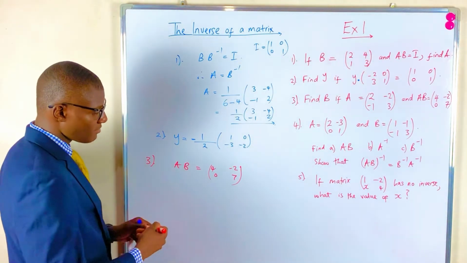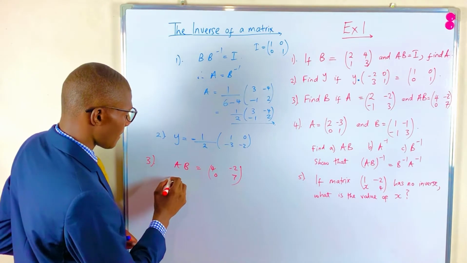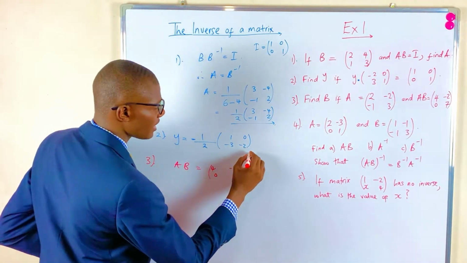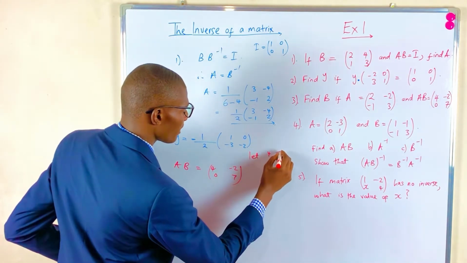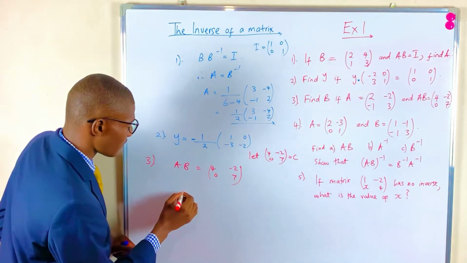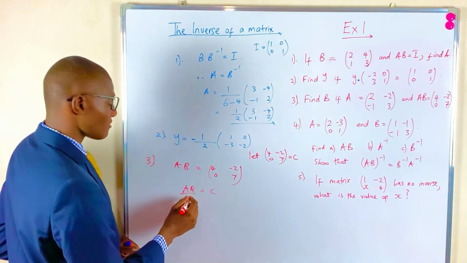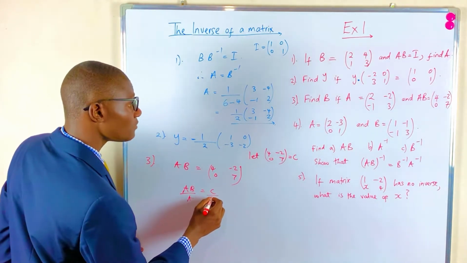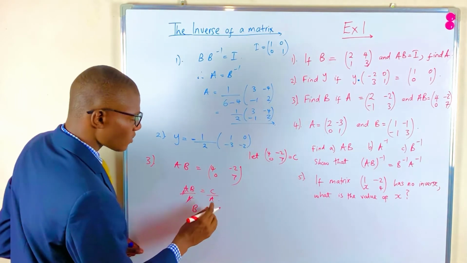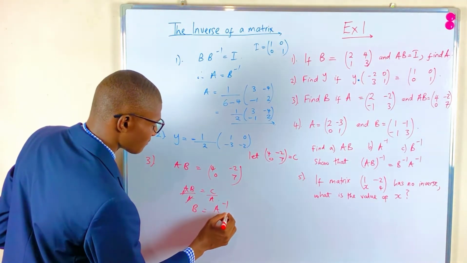We're simply saying that here if we divide by A, or maybe let's call this matrix C. So let 4, minus 2, 0, 7 be equal to C, such that we've got AB is equal to C. So dividing both sides by the matrix A that we know, A and A cancel, leaving B. Dividing by a matrix is just the same as multiplying by its inverse.